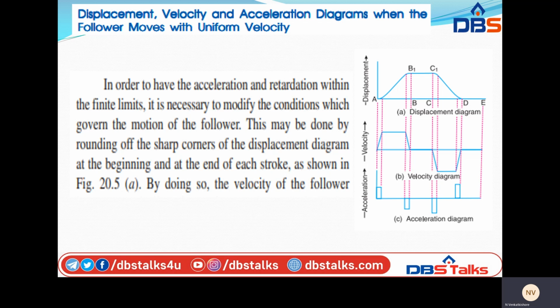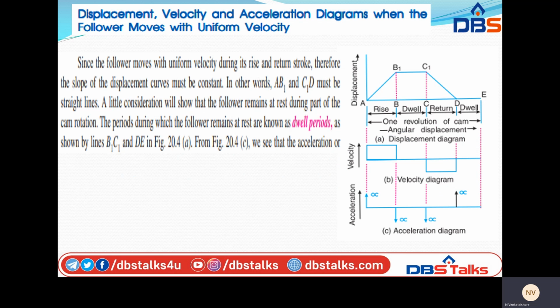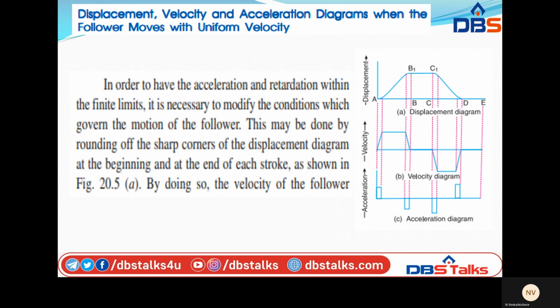See, the displacement diagram starts from A in the uniform velocity. If you clearly observe, the displacement diagram has started from A, but in the modification, you can see a small rounding curve at A, and then it makes the slope.